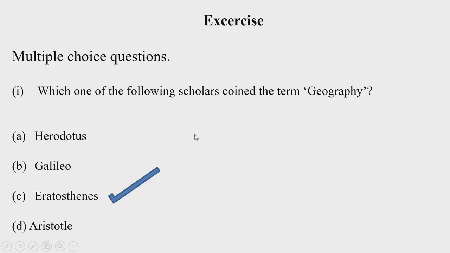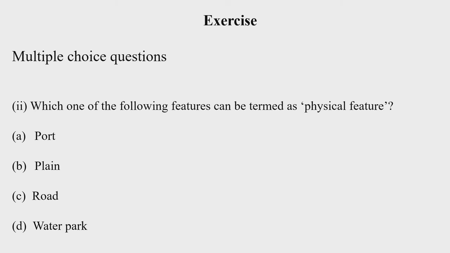Now, the next question for you is, which one of the following features can be termed as physical features? Option number 1, pole. Option number 2, plain. Option number 3, road. And option number 4, water park. And the right answer for you is plain.